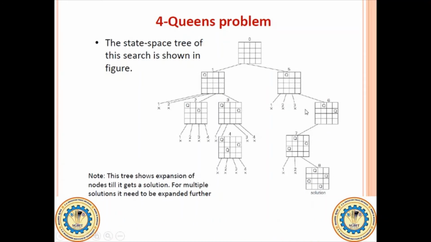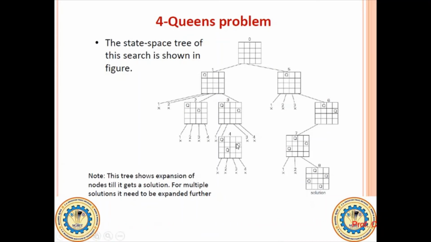Here we have applied backtracking. First we started with queen 1, then we moved to queen 2. Next we moved to queen 3. If we had not found a solution for queen 3, we traced back and changed the position of queen 2.